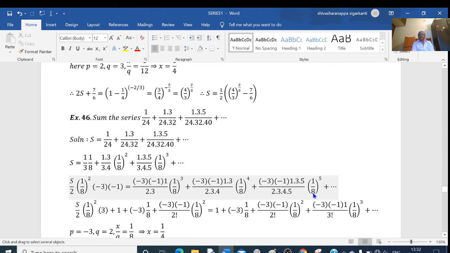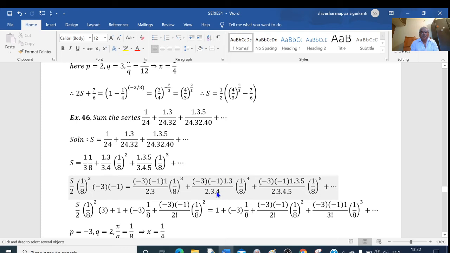Now see the terms here. 1, 2, 3, 4, 5 terms are there in the numerator which are in arithmetic progression. And in the denominator we have 5 factorial. And here we have to the power of 5. So this term is a term in the binomial series. Similarly, coming to this term, these are the 4 terms which are in arithmetic progression.